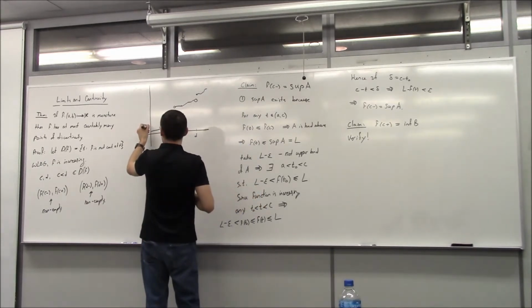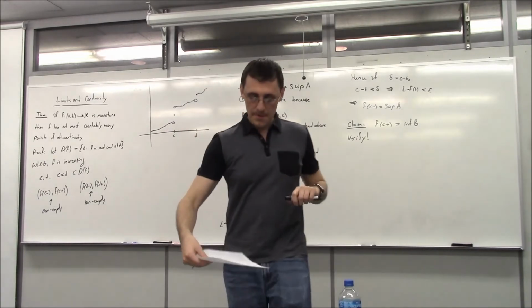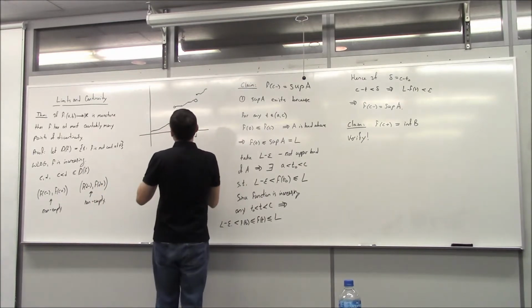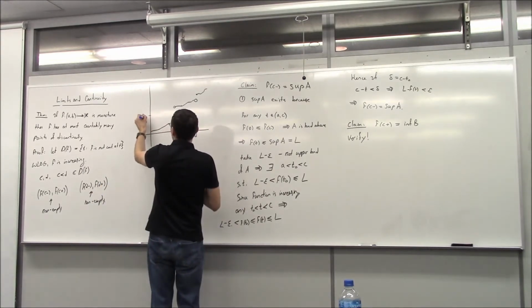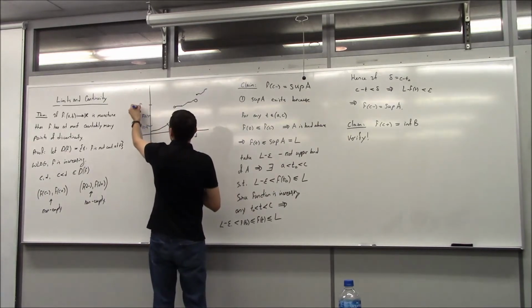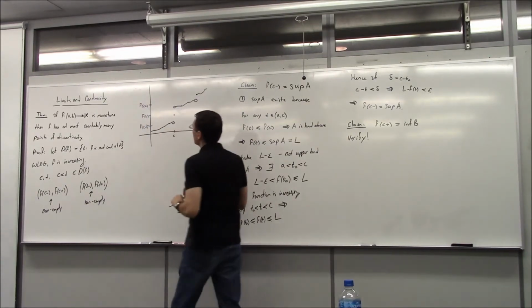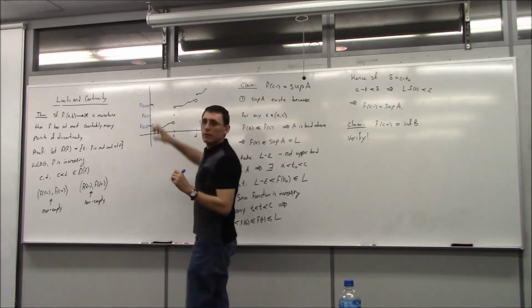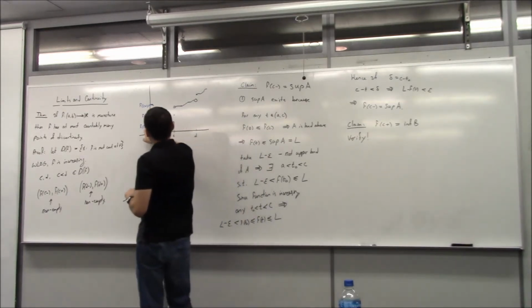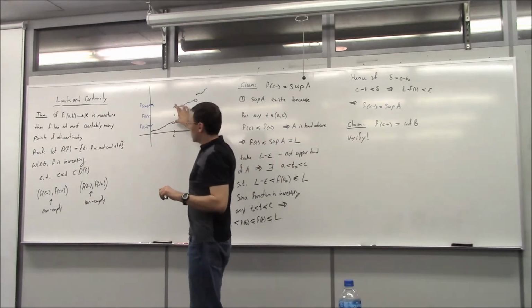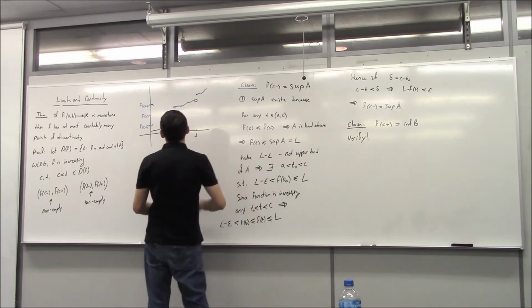So what is this bound here? This here is f of c. This bound is f of c minus, and this bound here is f of c plus. So you can see that this interval cannot be empty, because if they are the same, f of c has to be between f of c minus and f of c plus, so it will be squeezed to the common limit, and the function is continuous at c then.